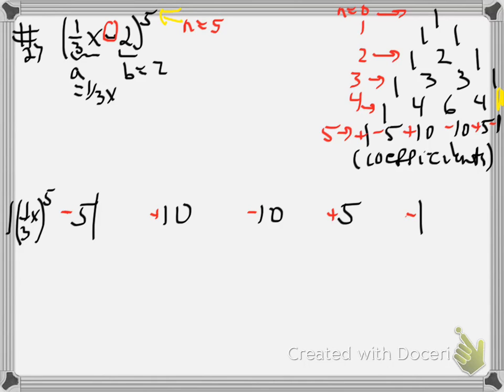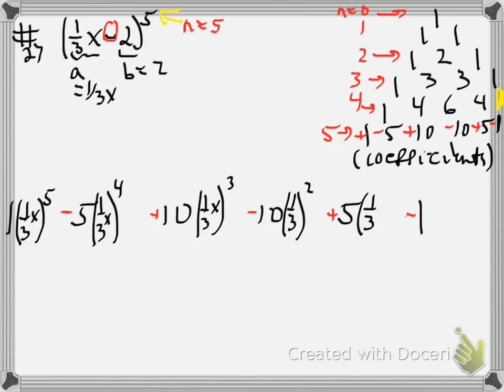And then the next term is going to have a 1/3 x to the 4th power, one less. The next term is going to have 1/3, whoops, I forgot the x, to the 3rd power. And then 1/3 x squared, and then 1/3 x to the 1st, and if you like, 1/3 x to the 0.